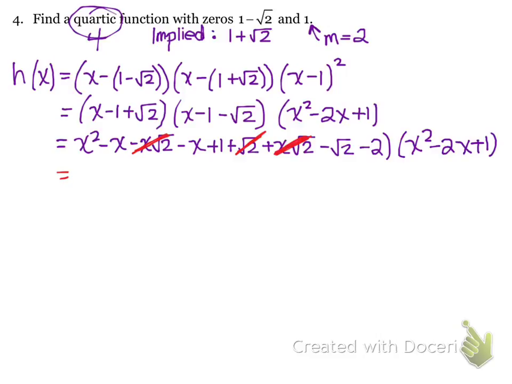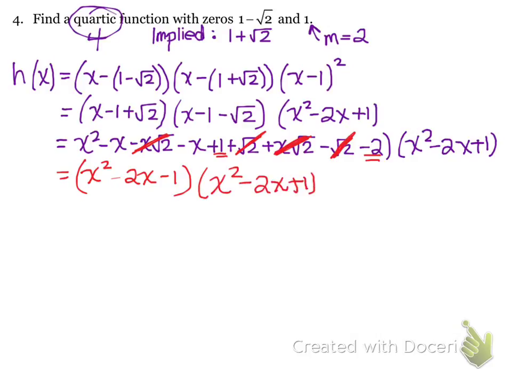So we're left with x squared minus 2x, forgot to cross this one out, minus 2. Nope. Sorry, I forgot about that 1. So I have minus 1. All right, and then I just carry down x squared minus 2x plus 1.